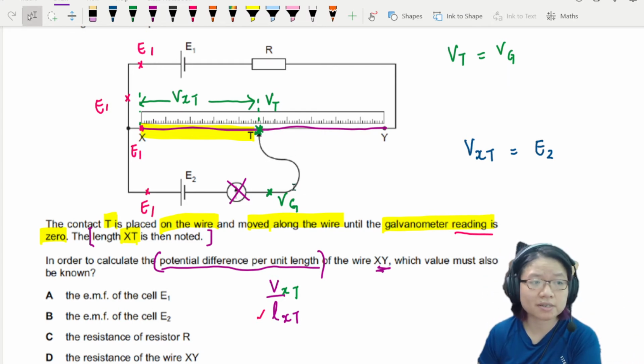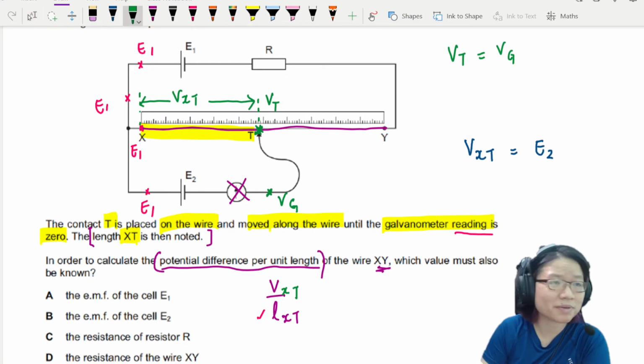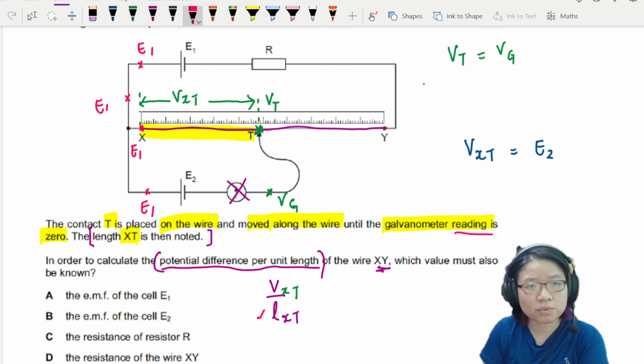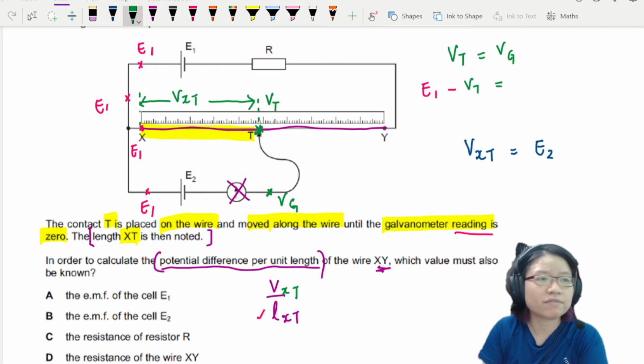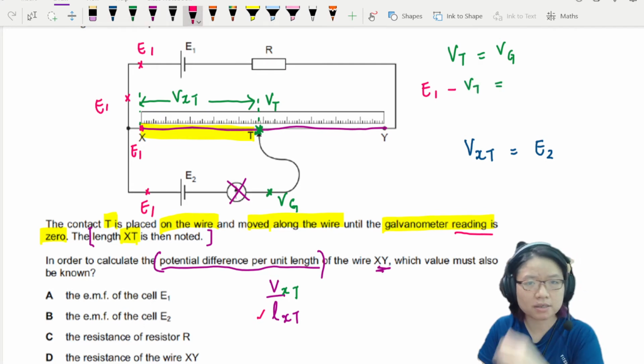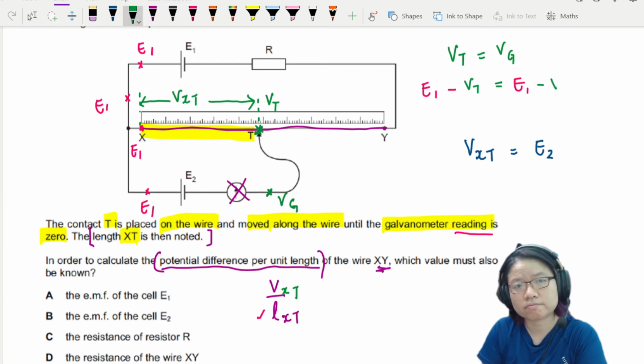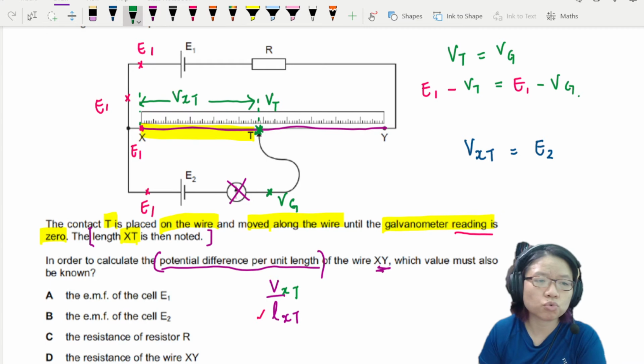So here and here is the same. But at the same time, both sides is E1, correct? So in order to find Vxt, I would take E1 minus Vt. And to find Vg, I would take E1 minus... I mean, to find E2.